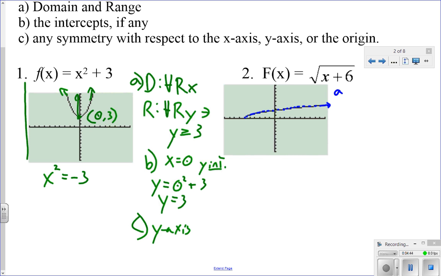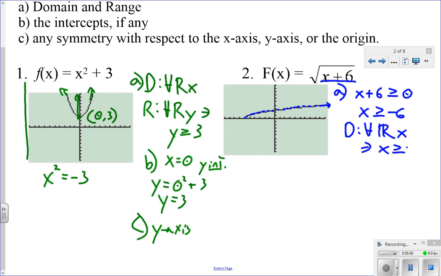Our domain is restricted because we can't have a negative under the square root. So x plus 6 has to be greater than or equal to 0, so x has to be greater than or equal to negative 6. Our domain is all real x's such that x is greater than or equal to -6. I can see that from here: we start at x equals -6 and go right forever.